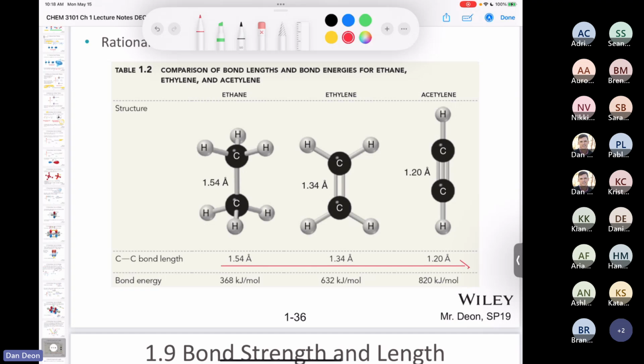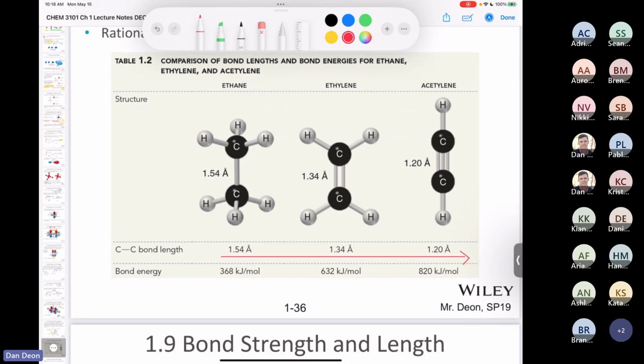The reason they get shorter is because as we have more orbital overlap, the atoms get closer and closer together. And as we bring our atoms closer together, as we add more and more bonds, the bonds get stronger and stronger. So as we go from a single bond to a double bond to a triple bond, the bonds get stronger and stronger. So what are the trends?